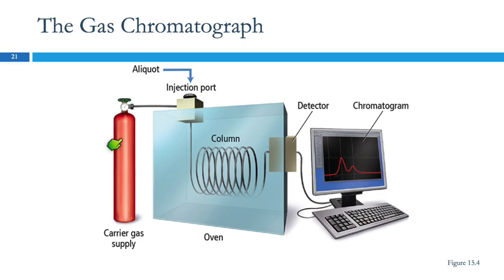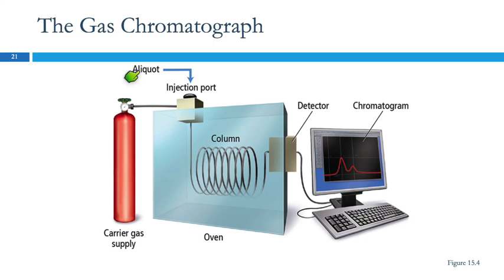So the way the gas chromatograph works is you have a carrier gas supply. Oftentimes this is something very inert like helium or nitrogen, and we send it through this long, very, very skinny tube. On the inside of this tube is a substance that your chemical of interest is going to interact with.